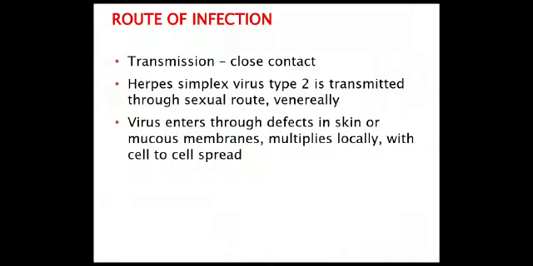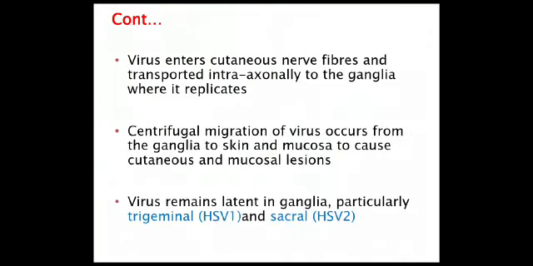Route of infection: close contact is the mode of transmission. Herpes simplex type 2 is transmitted through the sexual route, and the virus enters through a defect in the skin or the mucous membrane. They multiply locally with cell to cell spread. The virus then enters the cutaneous nerve fibers and is transported intra-axonally to the ganglion where it replicates.